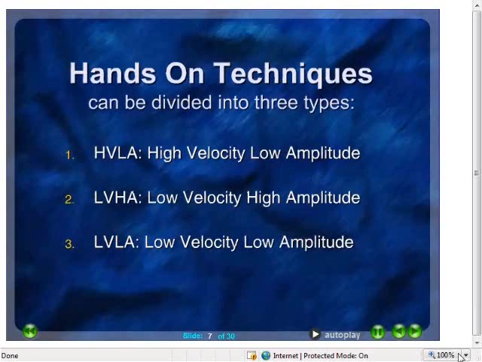They can be divided into three major types: HVLA, high velocity, low amplitude; LVHA, low velocity, high amplitude; or LVLA, low velocity, low amplitude.